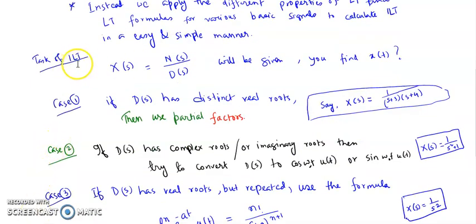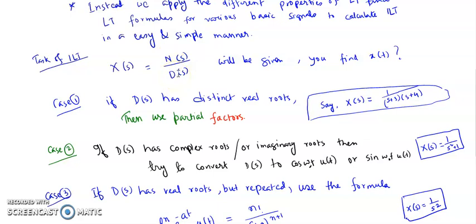Now, before finding the inverse Laplace transform, we have to look at the Laplace transform output, that is X(s). It will be given as a fraction, and that function will be in terms of s. So there will be some variable in the numerator and denominator, and suppose we assume that the numerator is a function N(s) and the denominator is a function D(s).